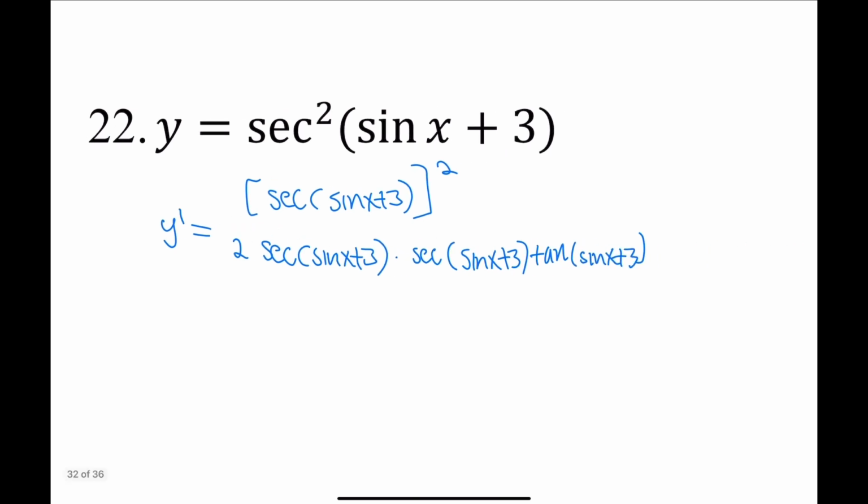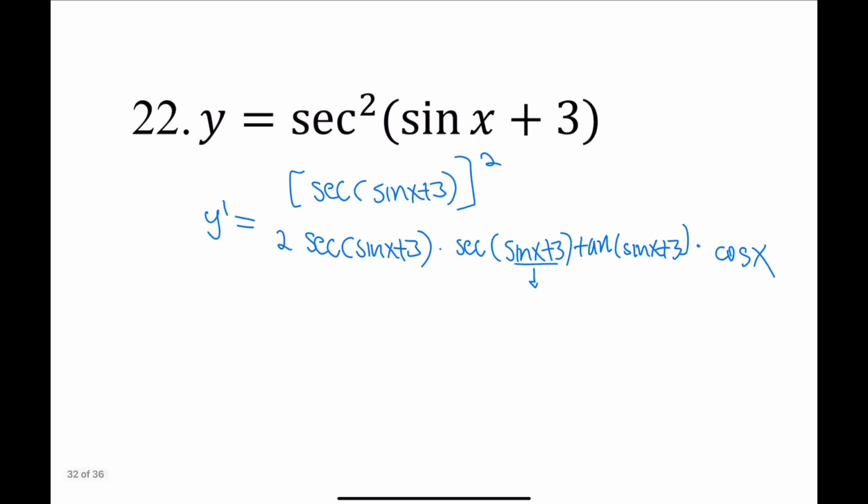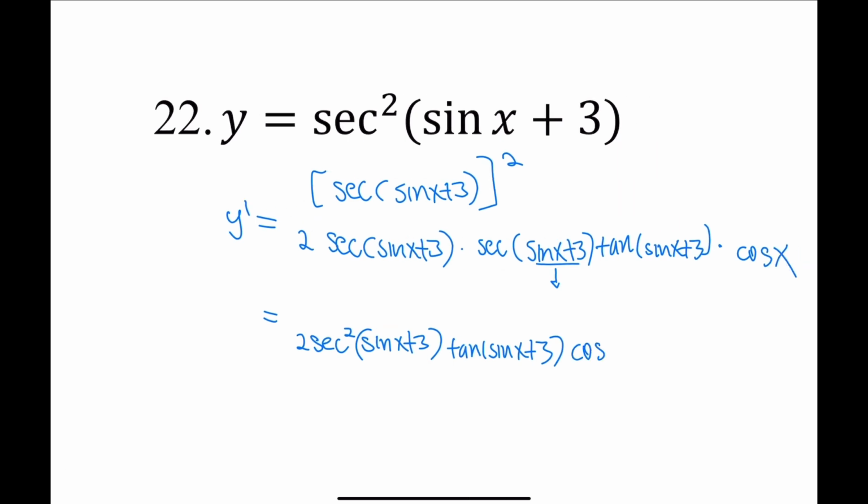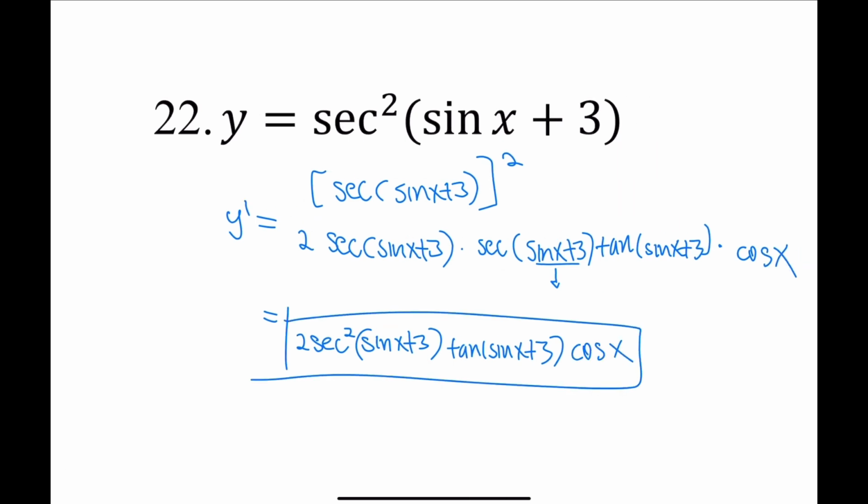And then we do chain rule one more time. So the derivative of the inside would be cosine x, basically, right? Okay, that's it. And then we got 2 secant squared sine x plus 3 times tangent sine x plus 3 times cosine x. Yep, so this would be our answer.